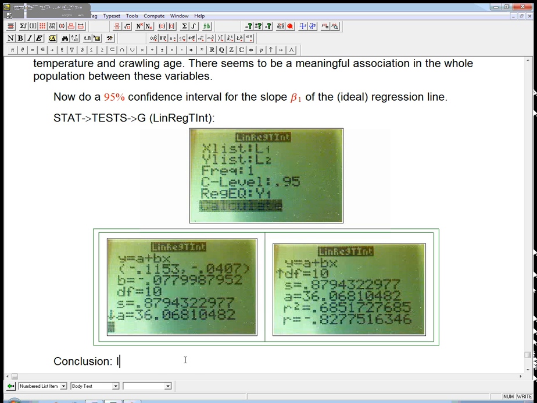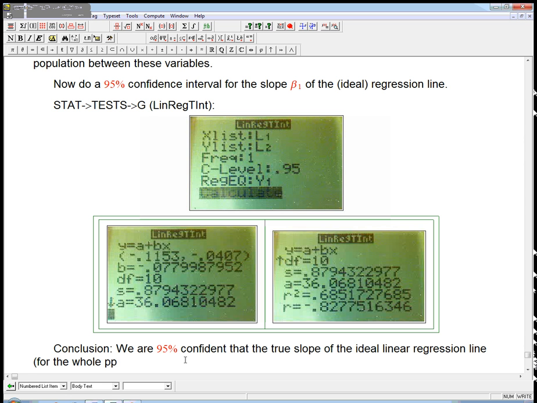So the conclusion is we are 95% confident that the true slope of the ideal linear regression line, that would be for the whole population, if we actually could get that, which we can't, and it is some fixed number, we're not saying it's random, we're 95% confident that we've captured that in the interval from minus 0.1153 to minus 0.0407.